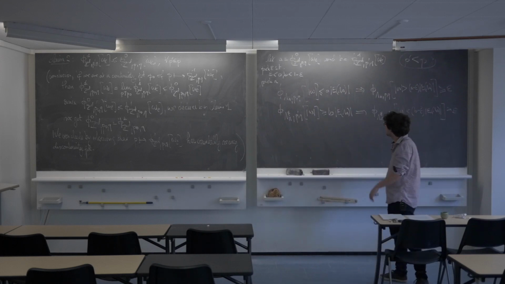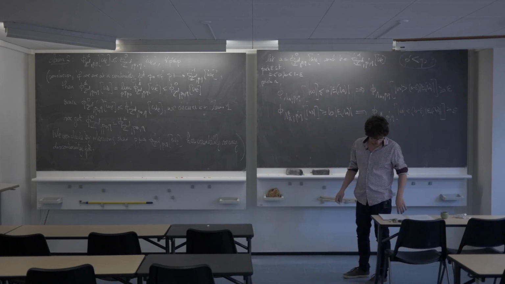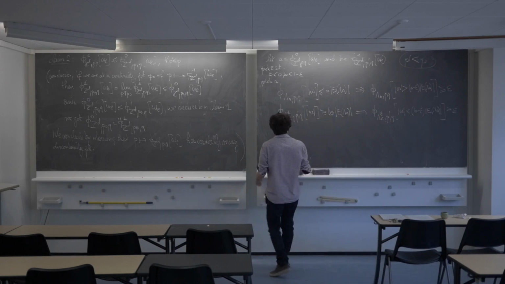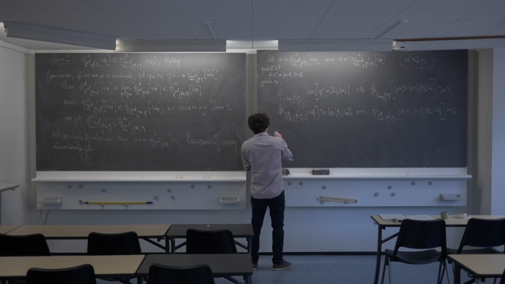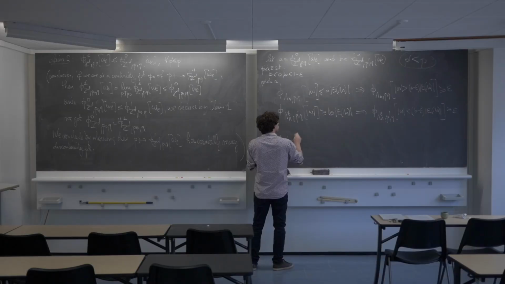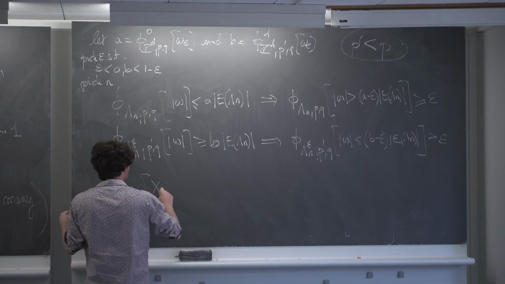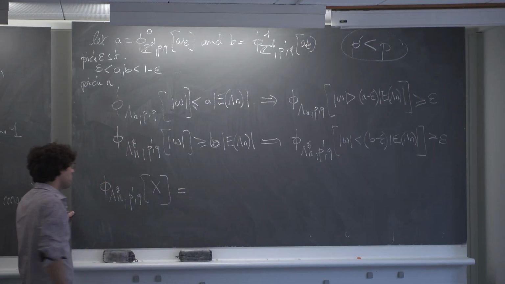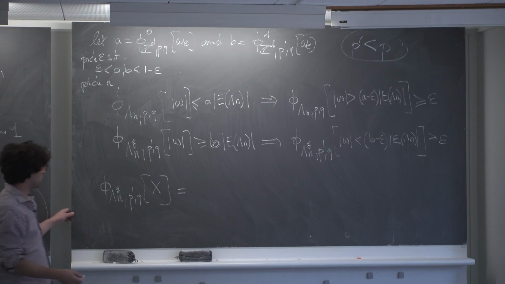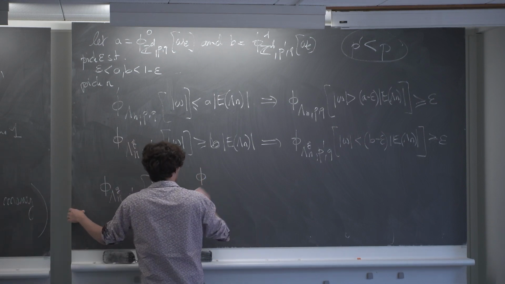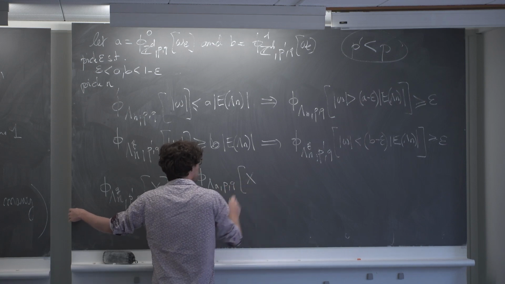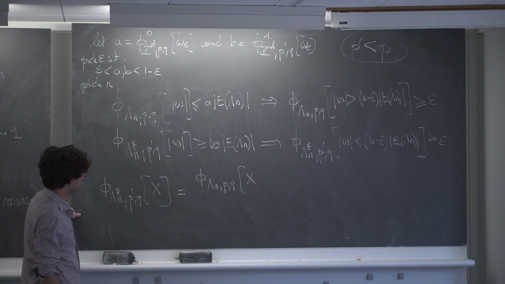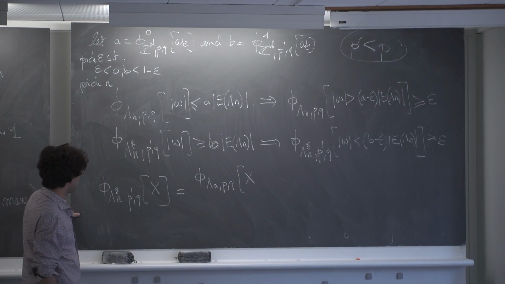Now, observe that phi lambda n ghost p prime q of any observable x can be rewritten in terms of the lambda n p q observable by doing the following.